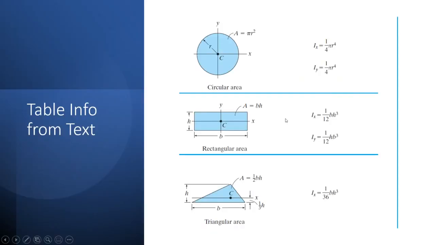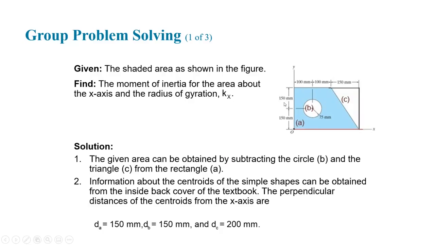So the first thing you're going to have to ask yourself is, all of these tables that we're given are going to have the moment of inertia about a horizontal axis that goes through the centroid. So for example, in the case of the big rectangle, the centroid would be located at 150 millimeters. If I want to compute the moment of inertia about the x-axis in this case, since the centroid axis for the rectangle is 150 millimeters up, that's why they're saving this value here.